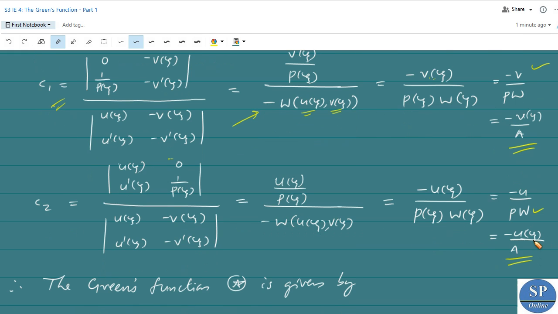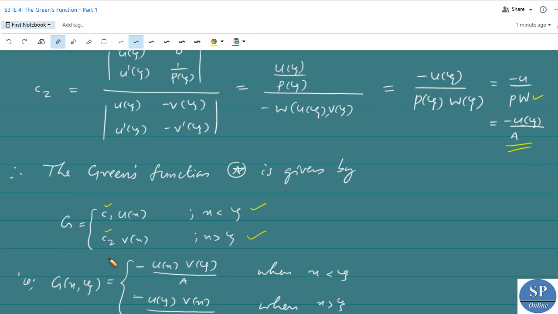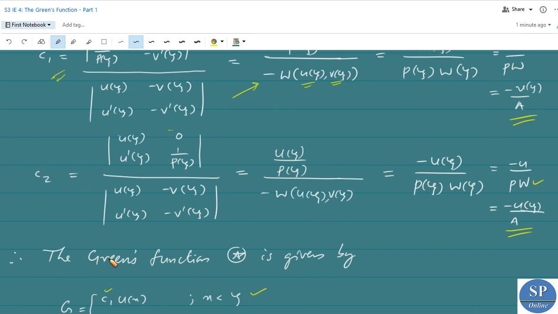Clear? Now the Green's function is given by, we assumed that the Green's function g is c1 into u of x for x less than zeta and c2 into v of x for x greater than zeta. So here we have obtained c1 and c2, so we can replace that. c1 is minus v by a and c2 is minus u by a.